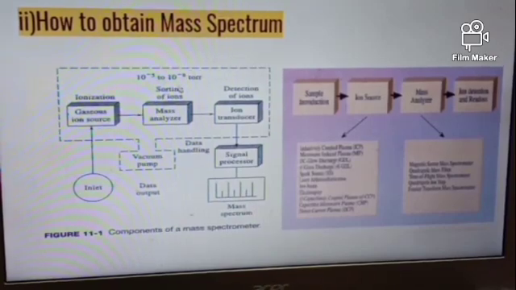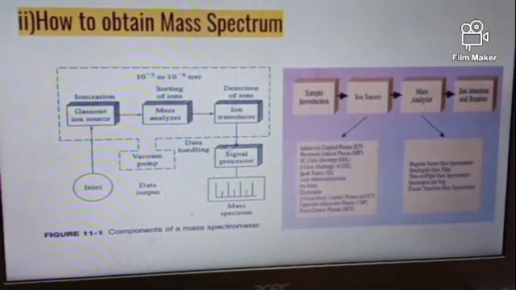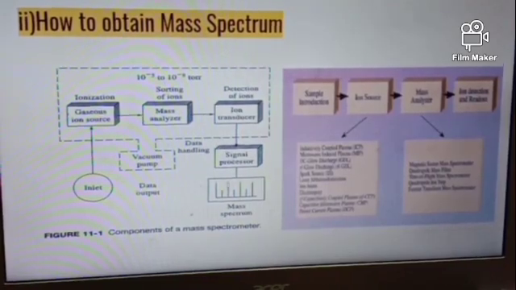Like an optical spectrometer, a mass spectrometer contains a transducer that converts the beam of ions into an electrical signal that can be processed, stored in the memory of the computer, and displayed or stored.